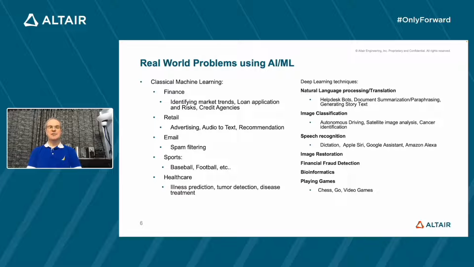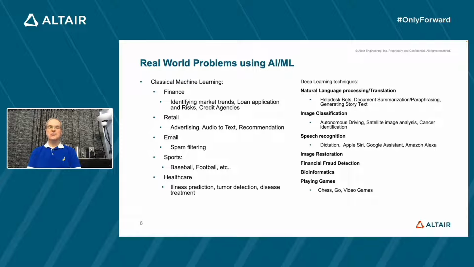Today, AI/ML is used in many fields. On the left side are applications of classical machine learning. Some of these, such as identifying market trends, loan applications, and risks, are used daily, and you have likely experienced these yourself. Spam filtering is quite a famous and very useful application of machine learning. It isn't always perfect, but a simple perusal of your spam folder in Google Mail will convince you that it is useful.